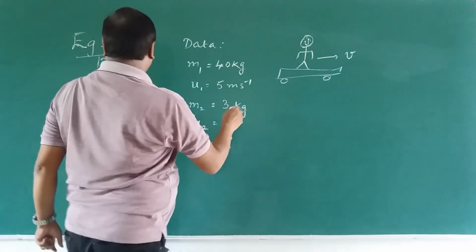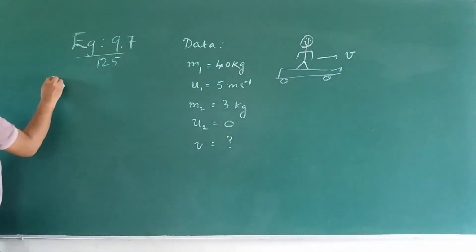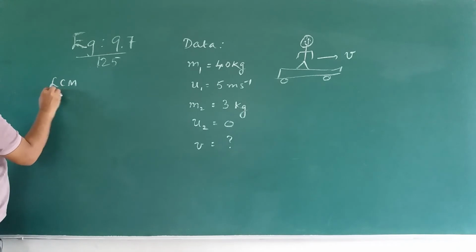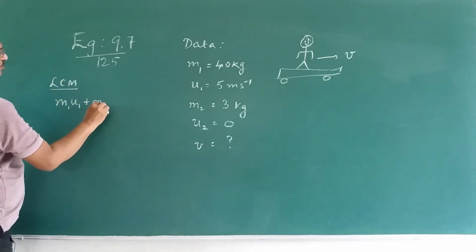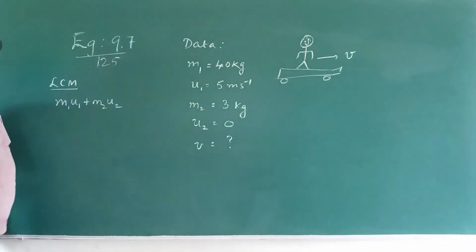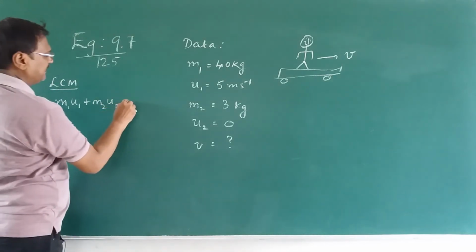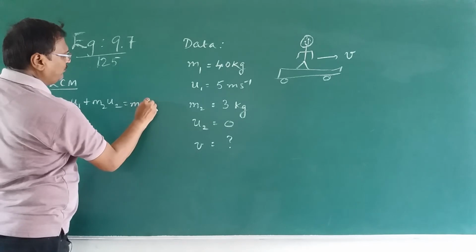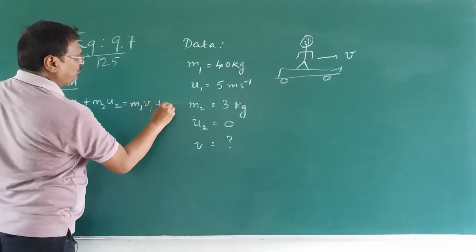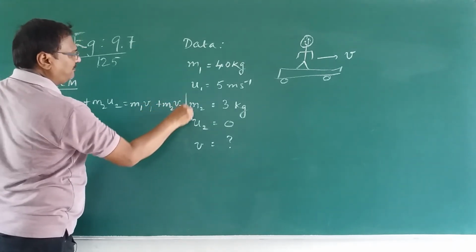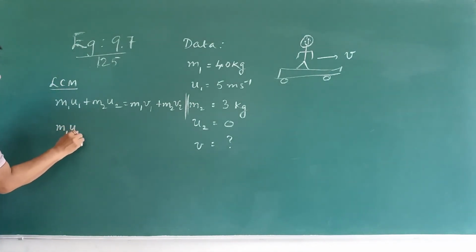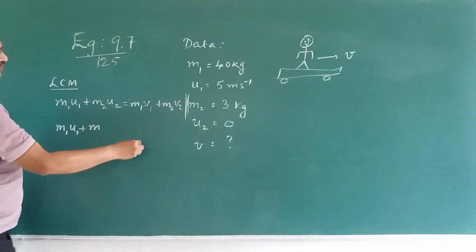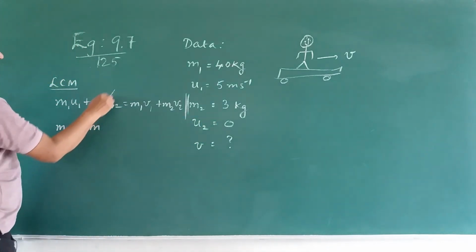What does the law of conservation of momentum say? It says M1 U1 plus M2 U2, the momentum before collision, is equal to M1 V1 plus M2 V2, the momentum after collision. U2 is 0, so I can leave this factor.